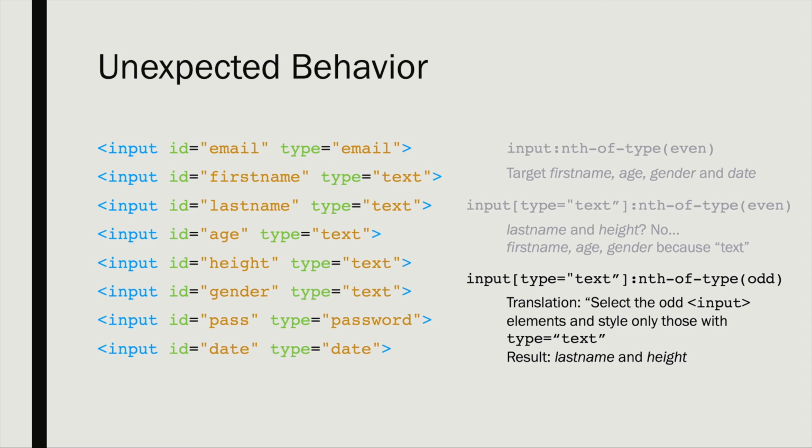Well, last name is technically odd because it's going to select the last name field, and then height because that's also odd, based on the fact that all the inputs are, well, 1, 2, 3, 4, 5, even and odd.